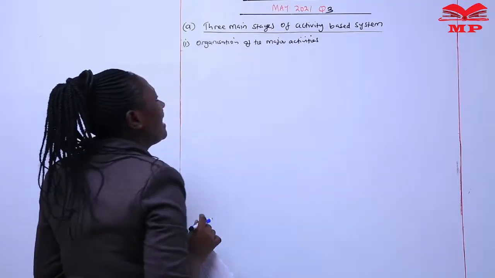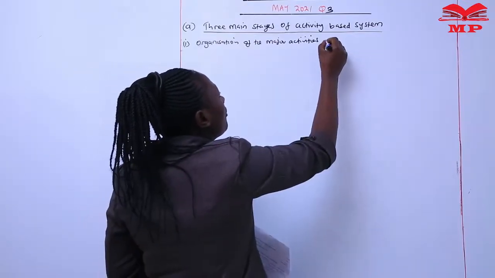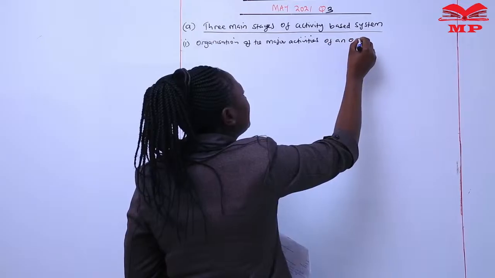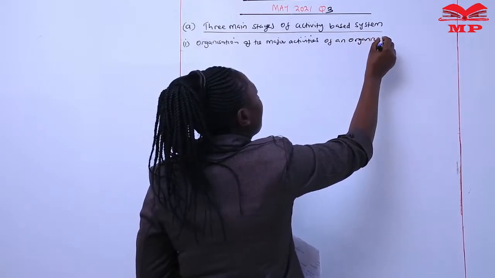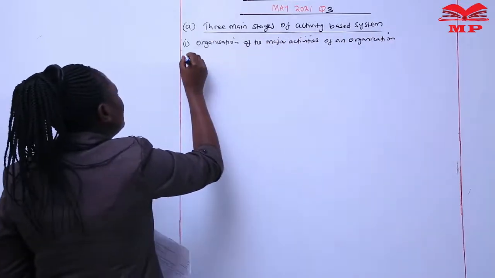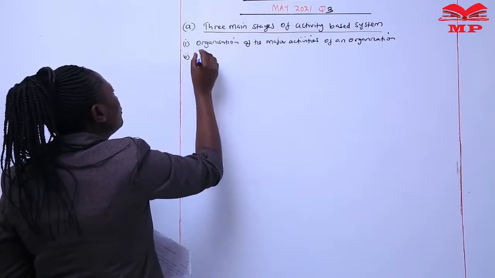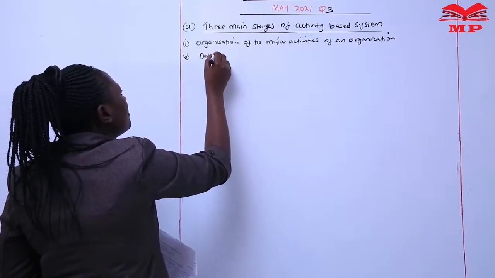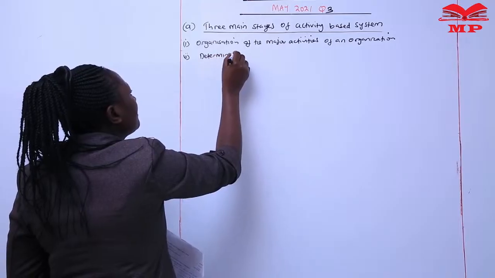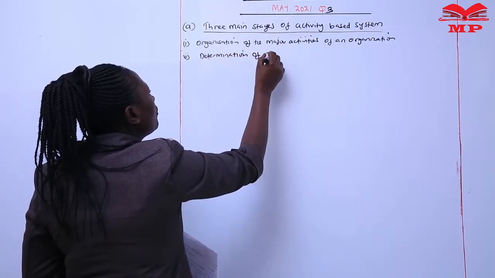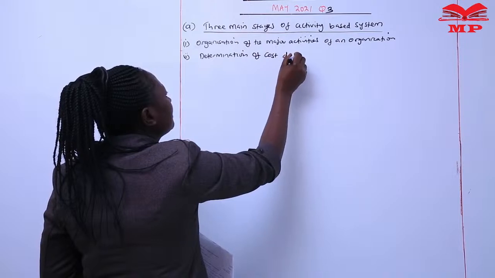Organization of the major activities of an organization. Then stage 2, determination of cost drivers.